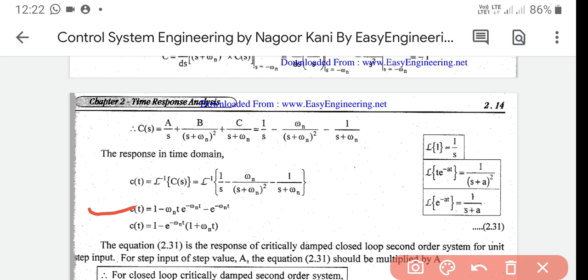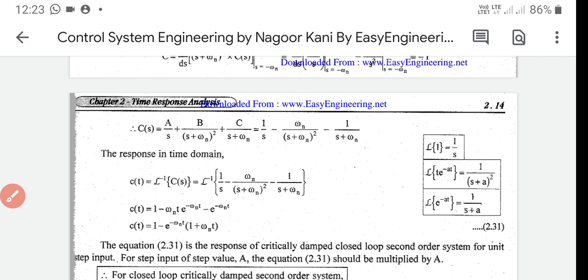The third term can be written as minus e power minus omega n t. After obtaining this C of t, what is the common term here? e power minus omega n t. Take a common part. C of t is equal to 1 minus e power minus omega n t into (1 plus omega n t).